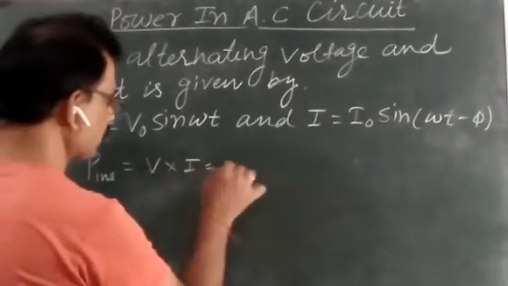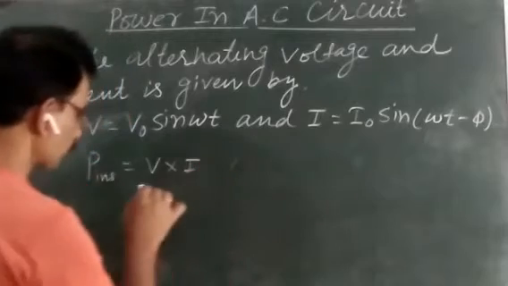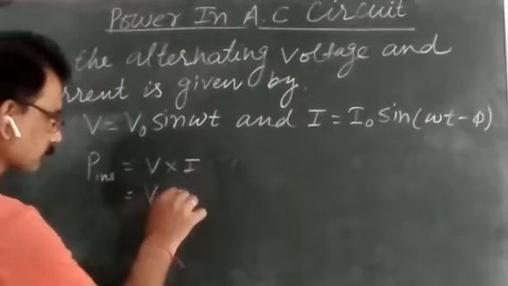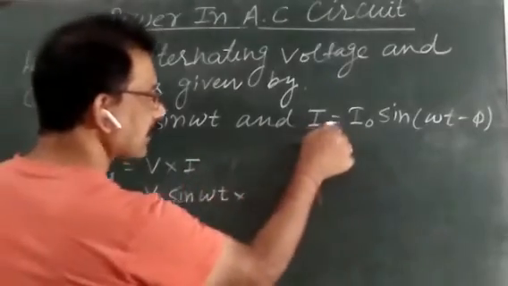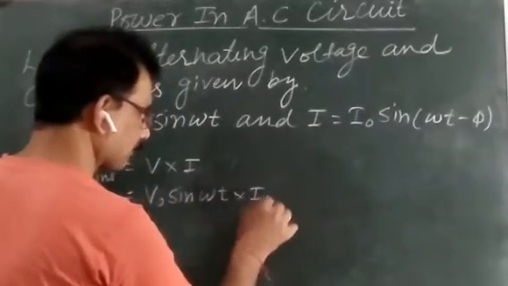In place of V, you can write V naught sin omega t, into, in place of I, you can write I naught sin omega t minus phi.